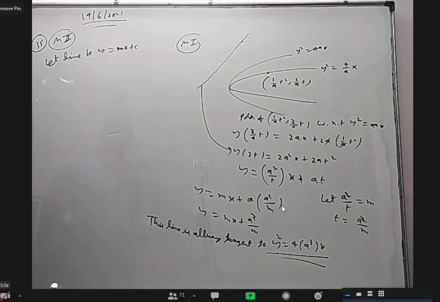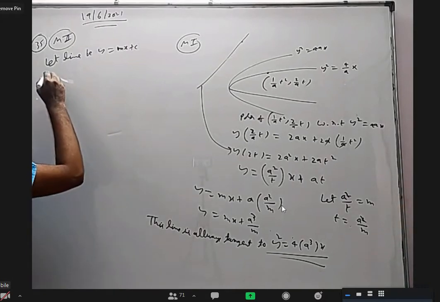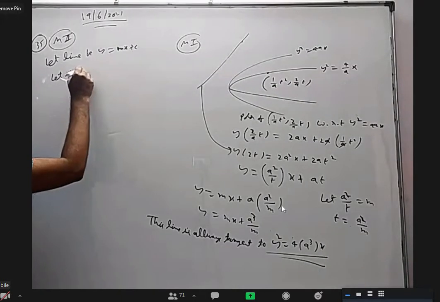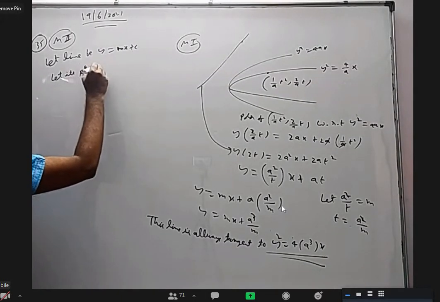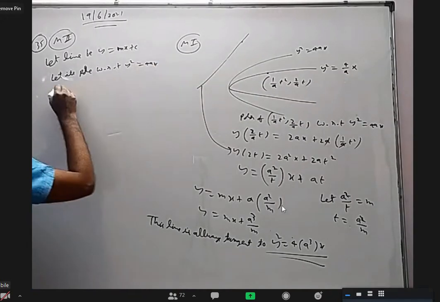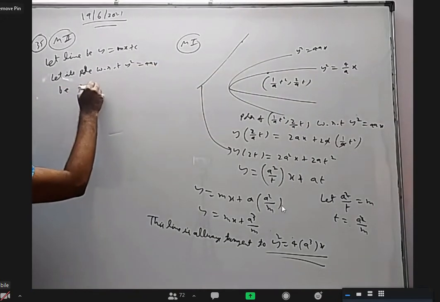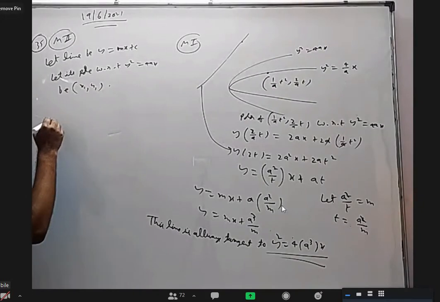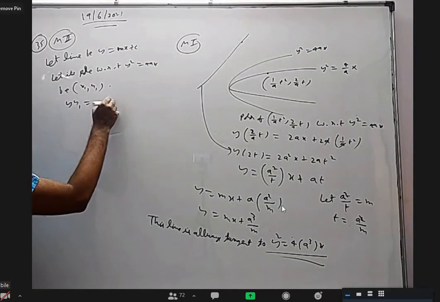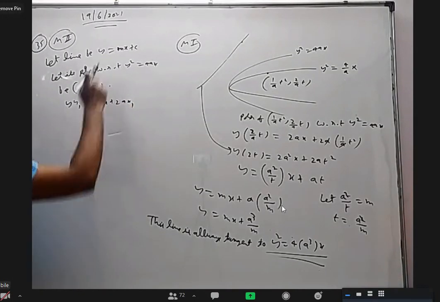If you don't remember, you can derive it. Let its pole with respect to y square equal to 4ax be x1 comma y1. Then y y1 equal to 2ax plus 2ax1. That is the polar. This and this should be the same.